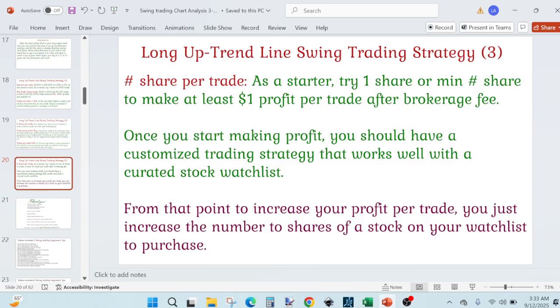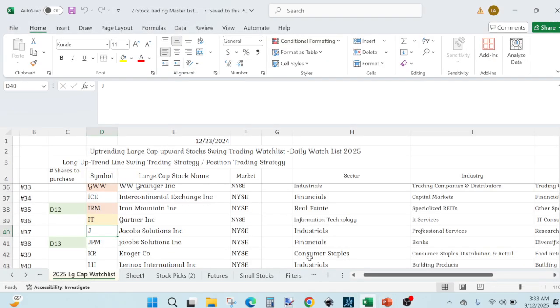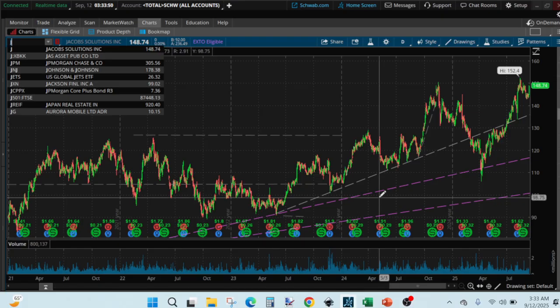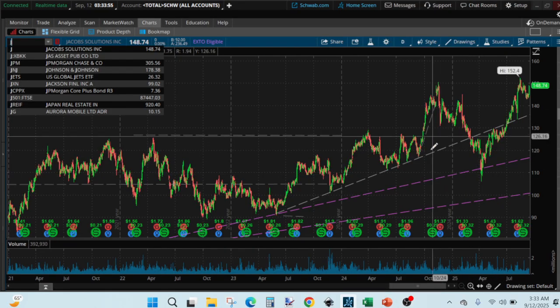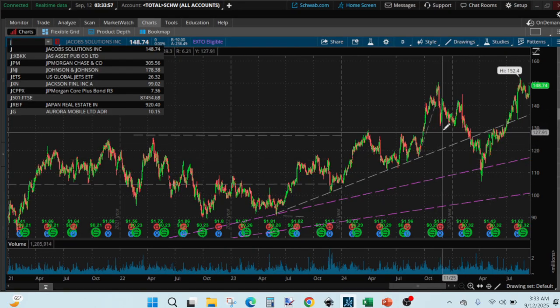And from there, to increase that profit to $2, you just increase the number of shares you purchase for that stock. If you purchased one share before, you just purchase two. As a beginner though, and with the strategy I'm using, I recommend large cap stocks, especially if you are busy with job and other responsibilities and don't have time to do analysis on a daily basis.